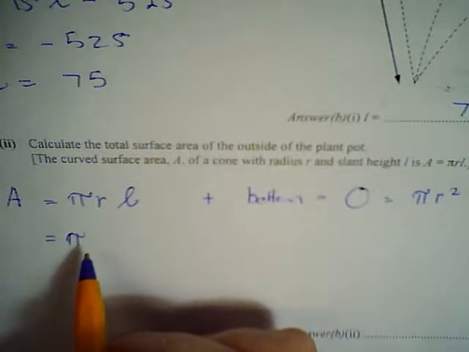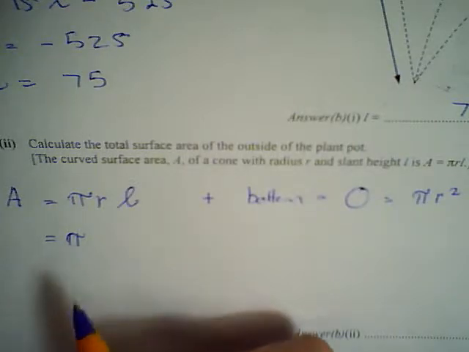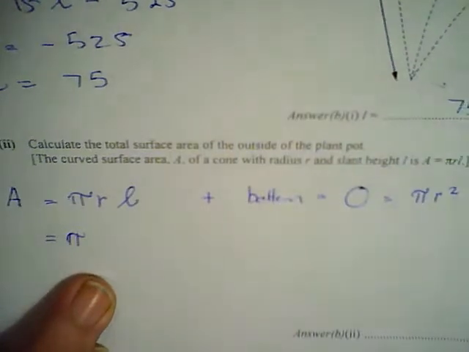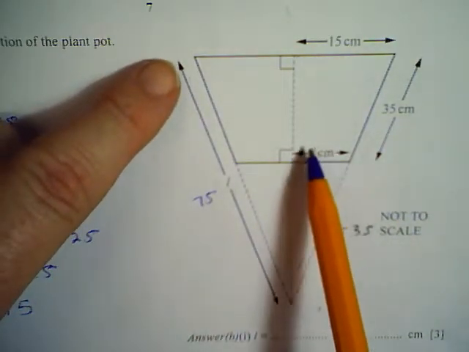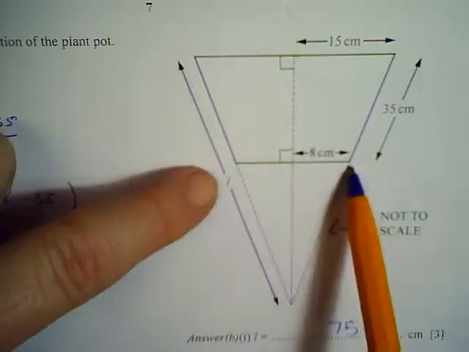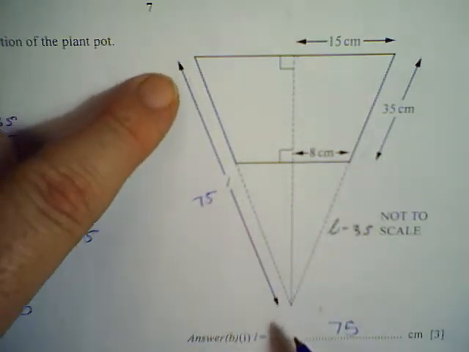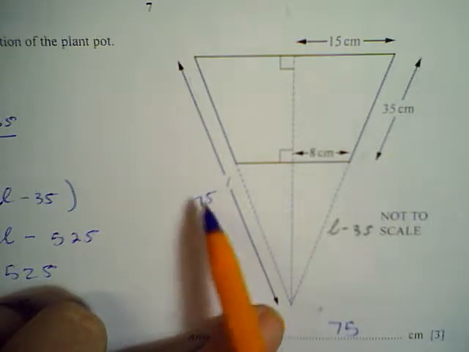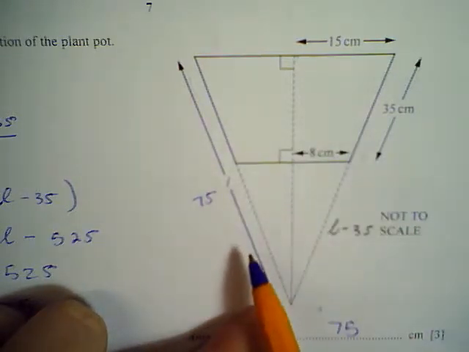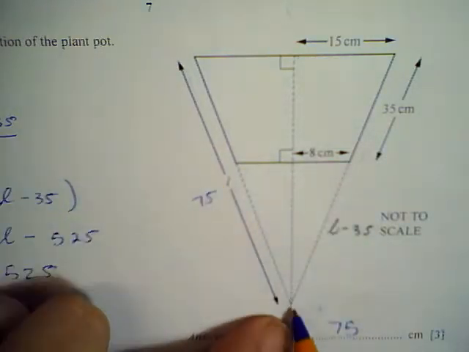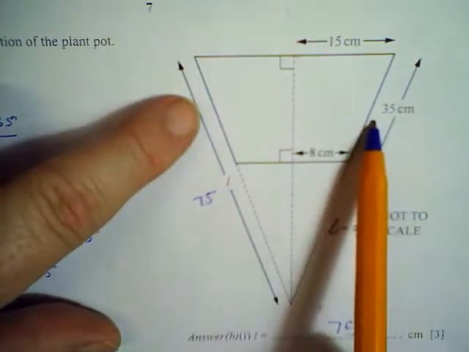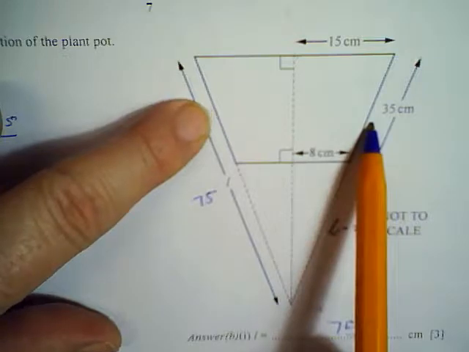Okay, this is a little bit more interesting. If I want to find the remaining cone, the pot plant, I will need the surface area of my total cone minus the surface area of the bottom cone. That would give me the surface area of that remaining cone that was left.